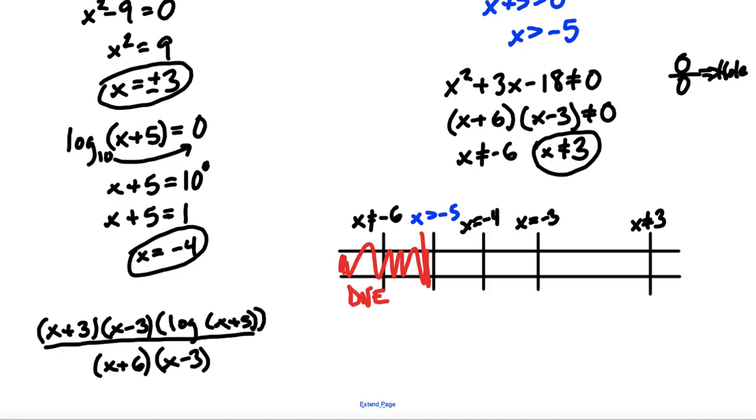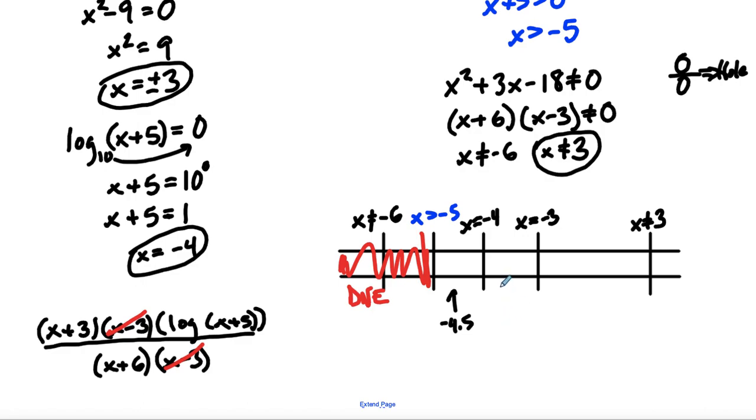Now notice, because there's this hole in the graph, we can go ahead and cancel it out. There's no need to input numbers here when you're testing, because whatever's happening here is going to get canceled out by itself, right? So let's input numbers now and we'll figure this out.